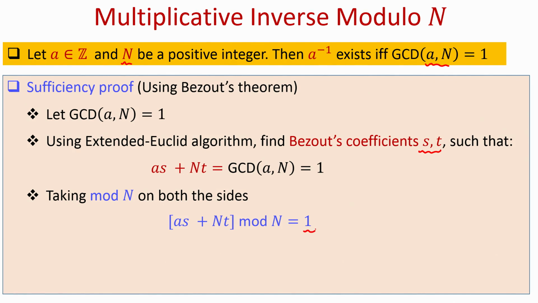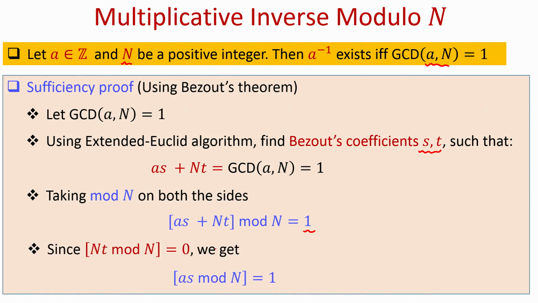But my left hand side, namely A times S plus n times T modulo n, will give me A times S modulo n, because n times T modulo n gives 0, since it is a multiple of n. So, by taking mod n on both sides I obtain that A times S modulo n is equal to 1, which shows that S is the multiplicative inverse of A modulo n. That is how you can compute the multiplicative inverse of a number A if it is co-prime to n.